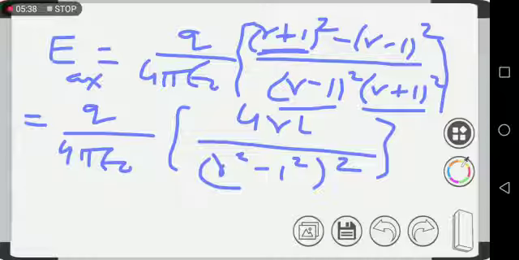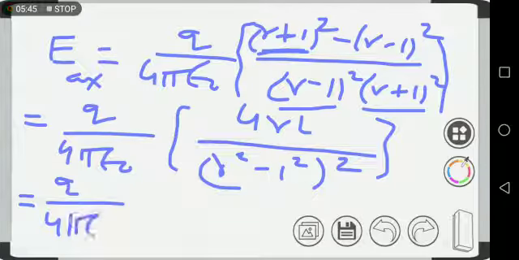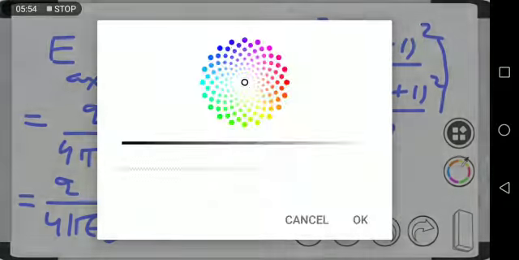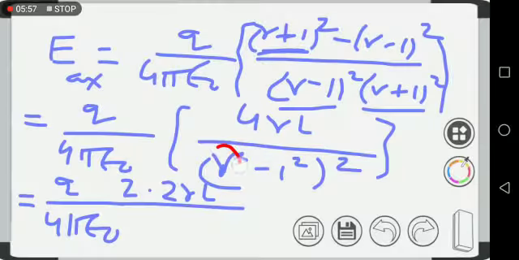Okay, so we can rewrite this as q divided by 4 pi epsilon naught, 4rl can be written as 2 into 2rl, divided by r and l. If you can see from the diagram, l is very small as compared to r, so l can be neglected as compared to r.